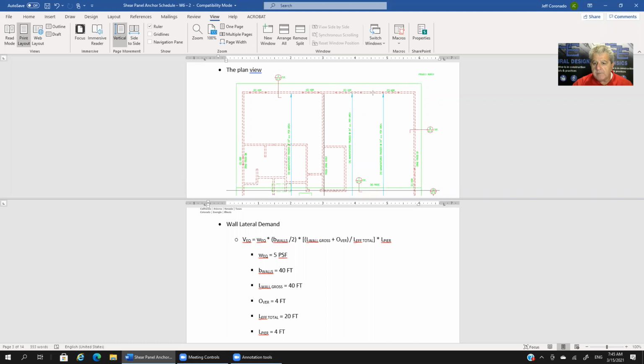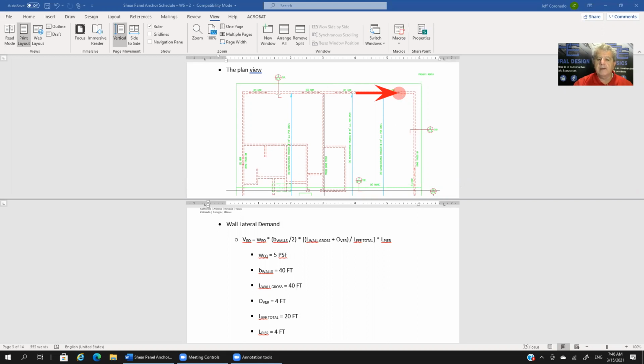We are looking for the force that is pushing from left to right on this end of the wall, because that's what's going to generate the governing tension, the highest uplift tension that we're going to get on this end, on this shear wall pier.